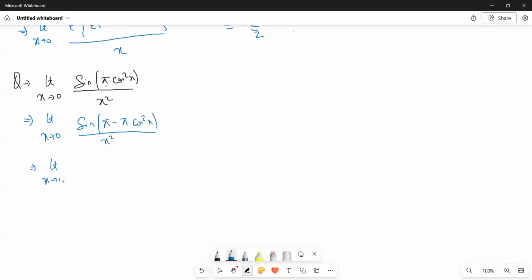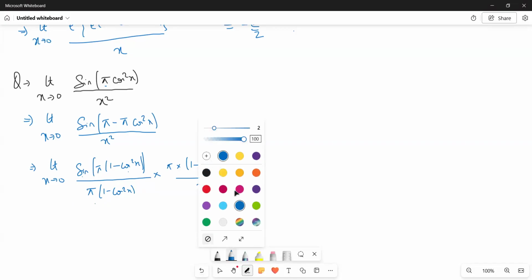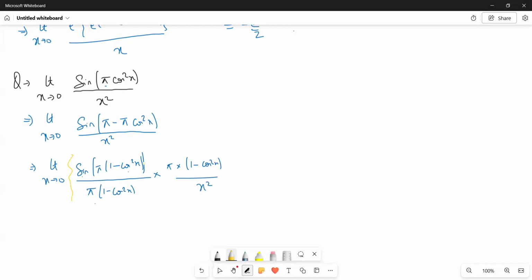So that this can be written as limit x tending to 0, sine of pi into 1 minus cos square. अब साइन के लिए स्टैंडर्ड लिमिट कैसे बनेगा? साइन ऑफ समथिंग बाई दैट समथिंग, तो एडजस्ट करने के लिए इनटू 1 माइनस cos square x डिवाइड बाई x स्क्वायर। ये सारा स्टैंडर्ड लिमिट बन गया। नाउ साइन ऑफ समथिंग बाय दैट समथिंग एज द समथिंग टेंड्स टू 0, तो ये पूरा हो जाएगा 1। This whole thing would be 1.